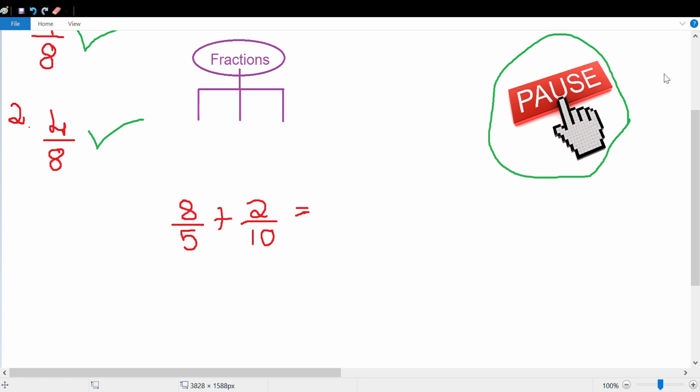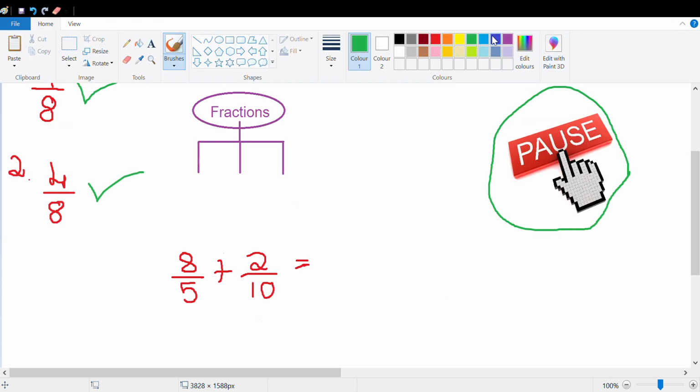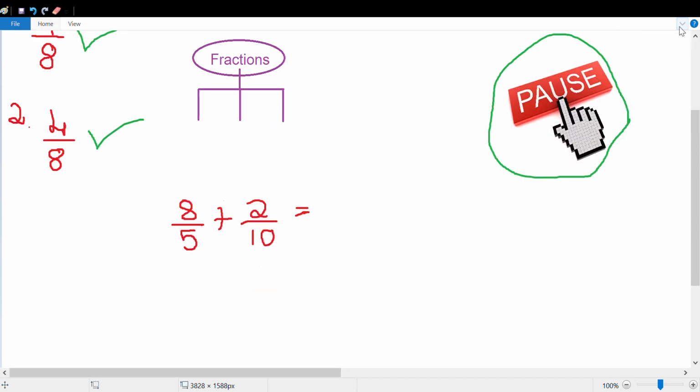Are you done? Good. There we go. So we have to convert this, which is 16 by 10. 16 by 10 plus 2 by 10, so our answer is 18 by 10.